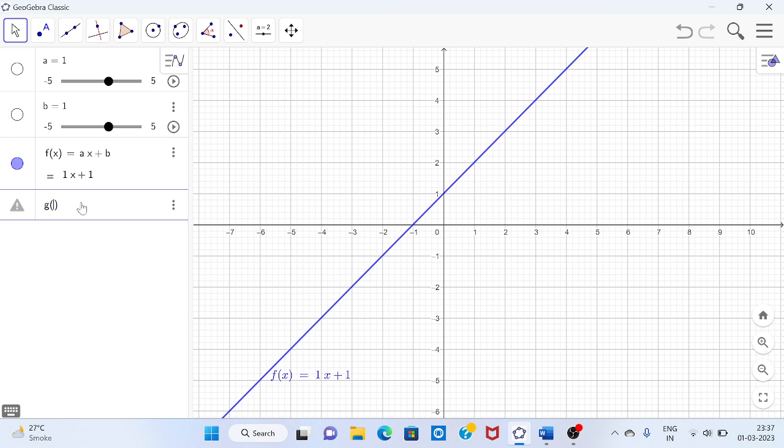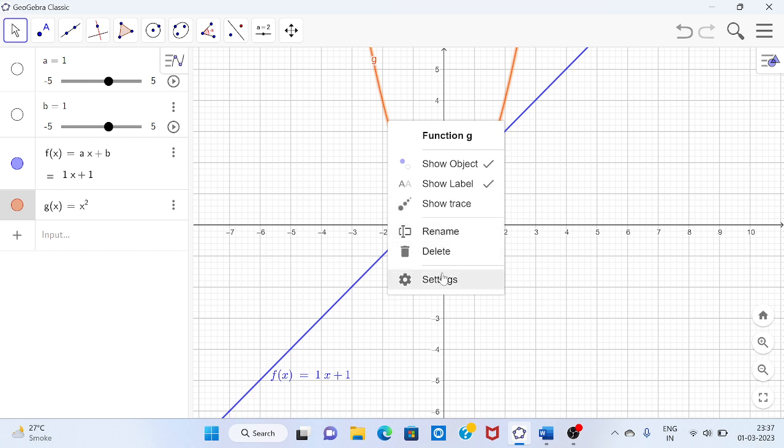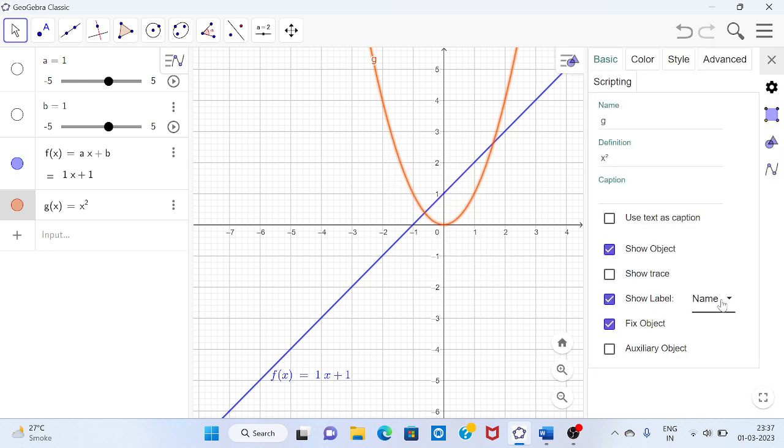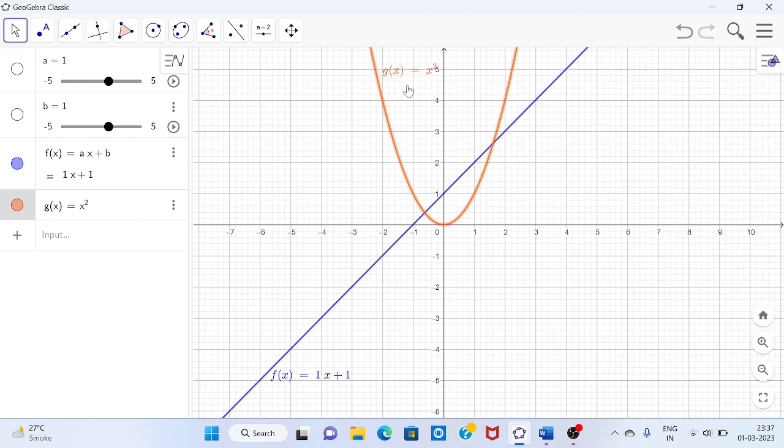Let's take g of x equal to x square. See, we have g of x equal to x square right over here, which is our parabola, which will always result in a parabola. Again, let's change the label to name and value. And with this, we can see the value also.